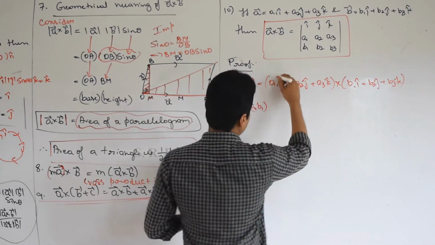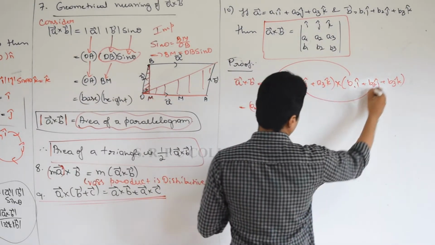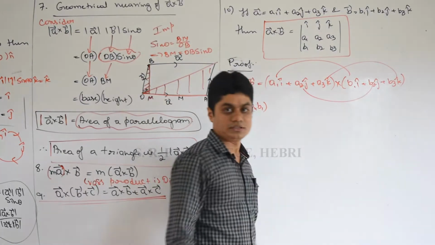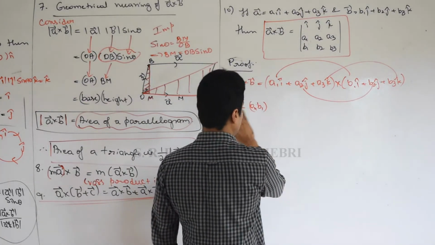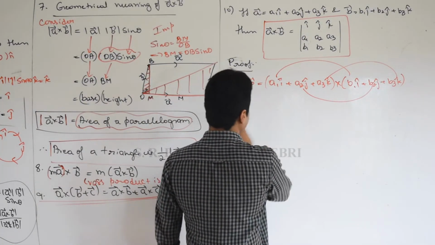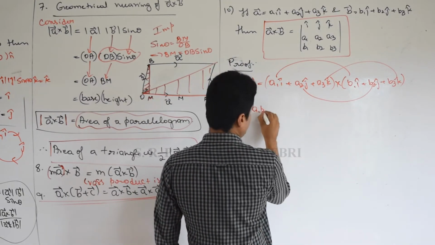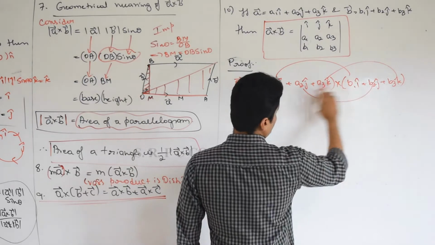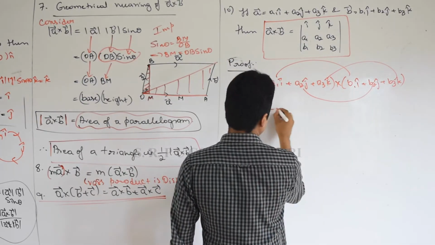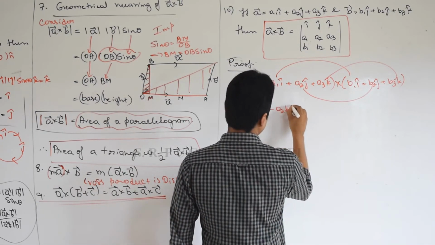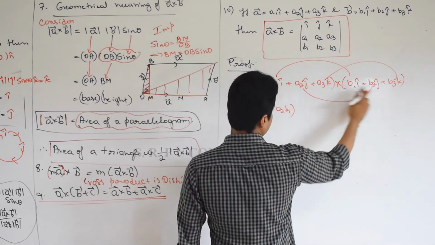When you multiply these two, 0 comes; these two, 0 comes; this one, 0 comes. So the remaining elements you will get. I will not write the terms which give 0, because i cross i is 0. So a1 b2, and this into this, a2 b1, and it will be minus a2 b1. Why minus? This is i cross j, this is j cross i.